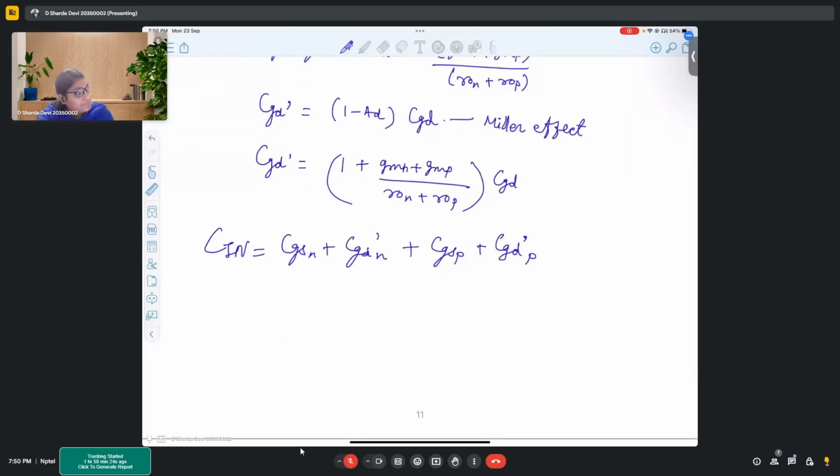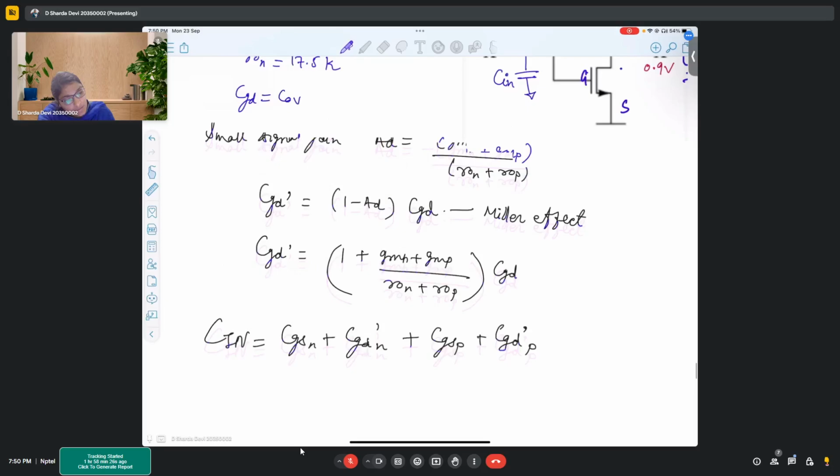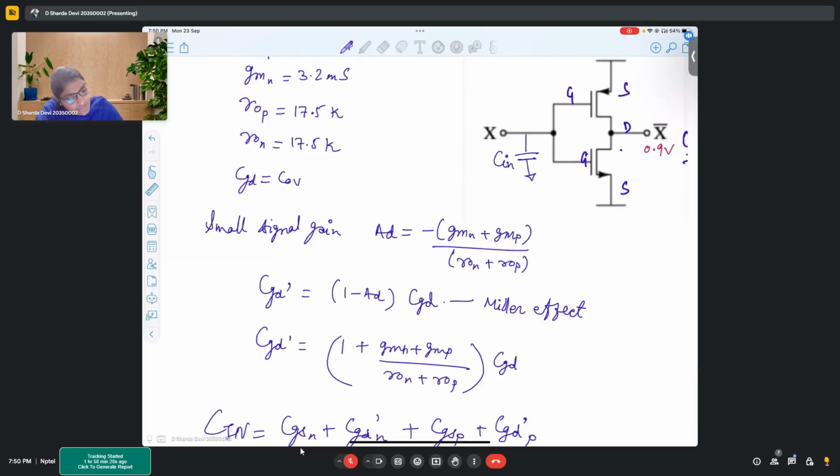Now here, in this particular case, when your input and output both are equal, if you see, your VGS minus VT is less than VDS. And similarly in case of the PMOS as well. So basically, your transistors are in saturation.